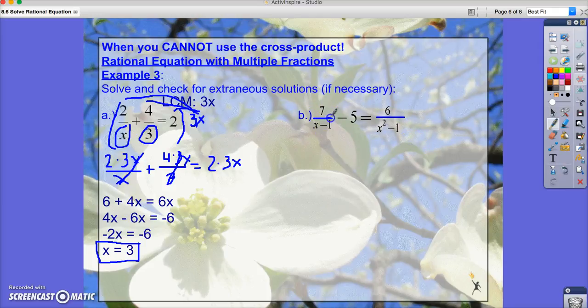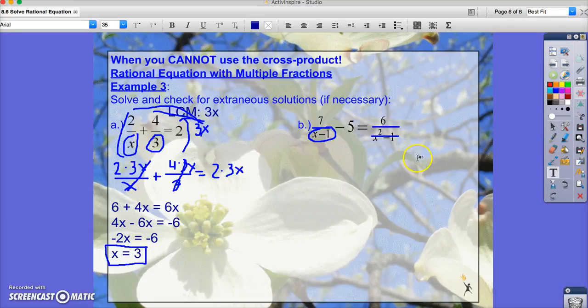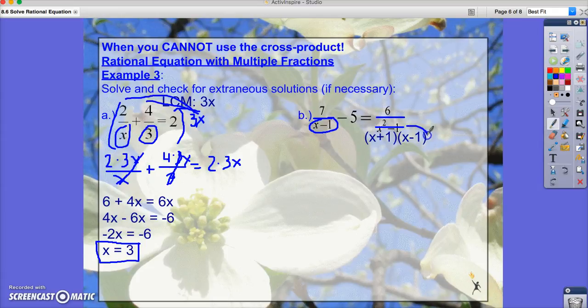And I'll draw on the lines here for this one. Let's try another one. Circle your little denominators. I can actually factor x squared minus 1, changing it to x plus 1, x minus 1. Let me circle that.